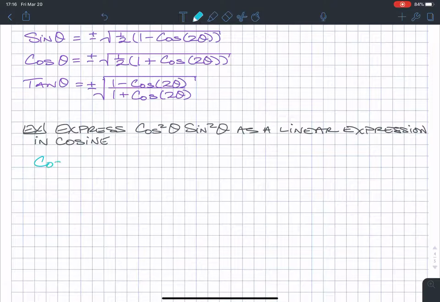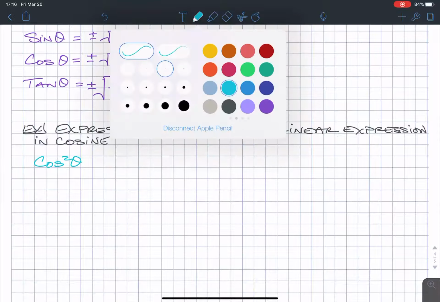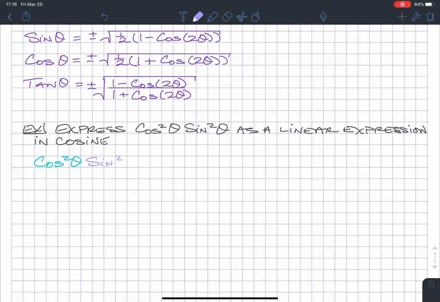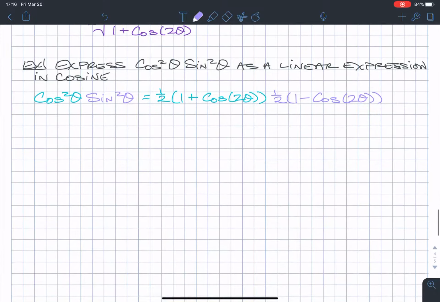So cosine squared theta times sine squared theta. Well, that's going to be cosine squared is 1/2 the quantity 1 plus cosine 2 theta, and sine squared theta is 1/2 the quantity 1 minus cosine 2 theta. So looking just at the coefficients 1/2 and 1/2, their product is 1/4.